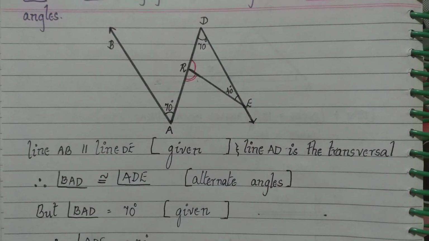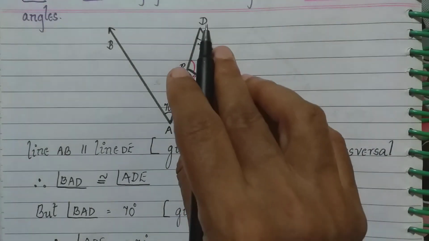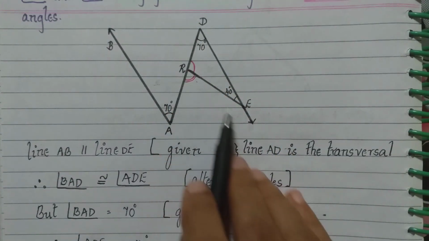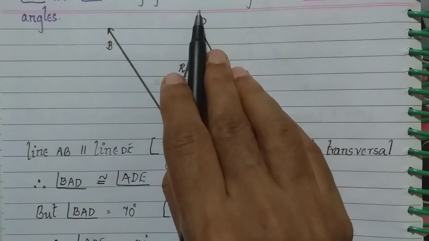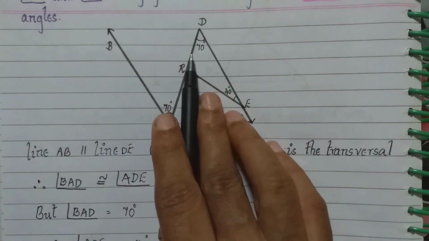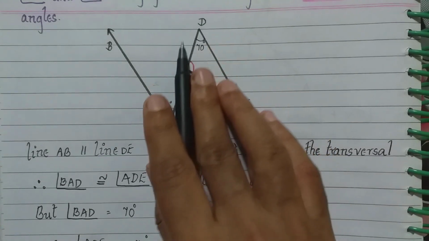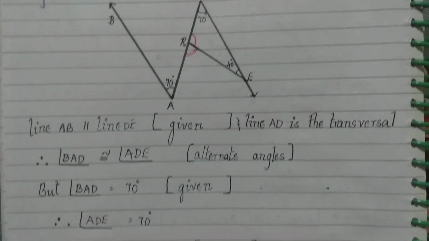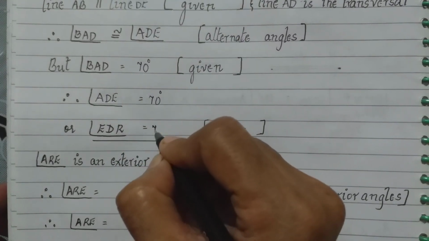Or if we don't want to say angle ADE and I want to talk about angle D as an angle of this triangle EDR, then I say angle EDR is equal to 70 degrees. We are particularly referring to angle D. So, angle EDR is equal to 70 degrees. So, I write here 70 degrees.